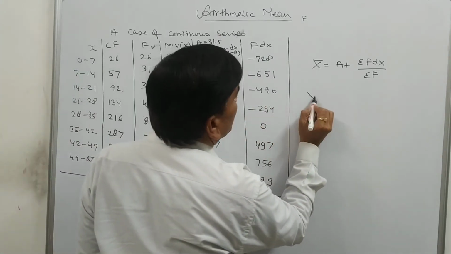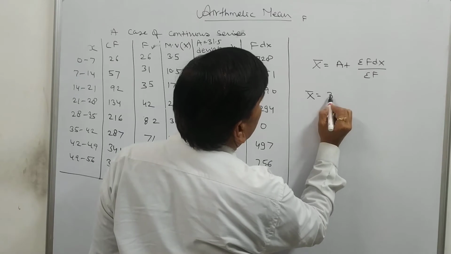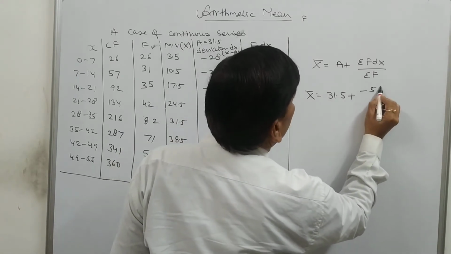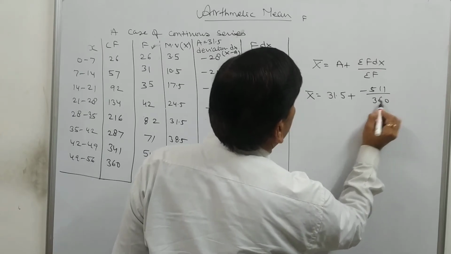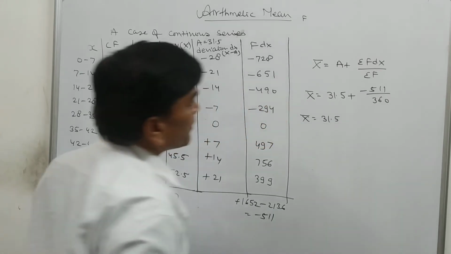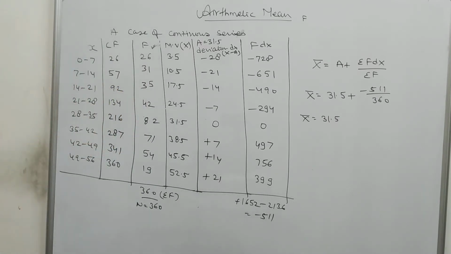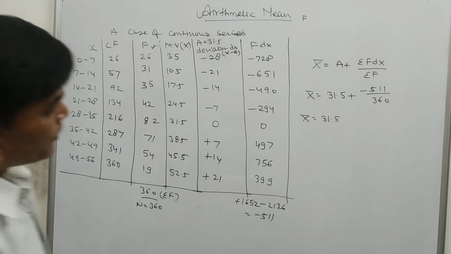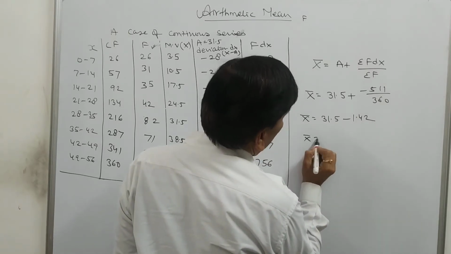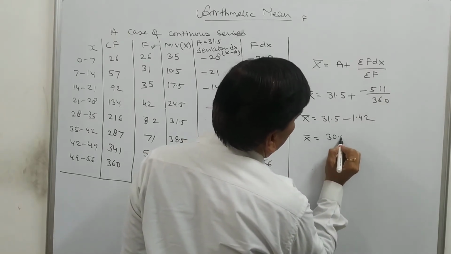So x bar is equal to 31.5 plus minus 511 divided by 360. So x bar is equal to 31.5 minus 1.42. So the value of x bar is equal to 30.08.